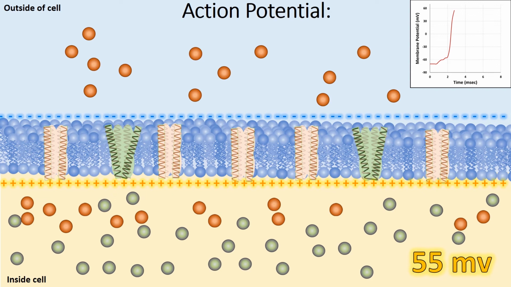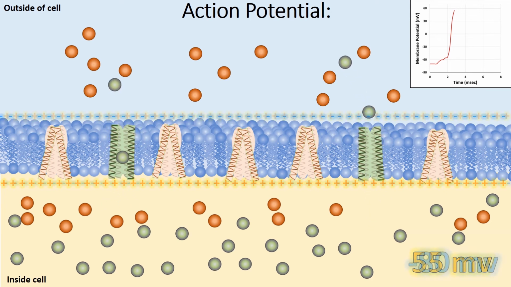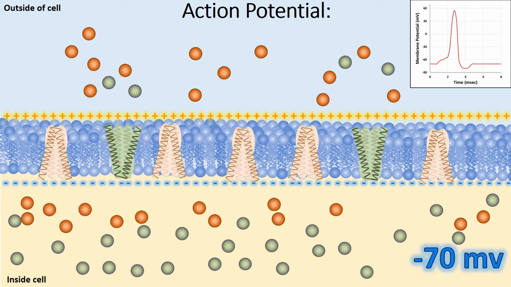Those sodium channels will clog, and then will subsequently have an opening of the voltage-gated potassium channels. As they do that, the membrane potential then shoots back below the resting potential into a hyperpolarization. Those potassium voltage-gated channels then clog, and the entire portion of the axon enters a refractory period in which no further movement of ions can take place.